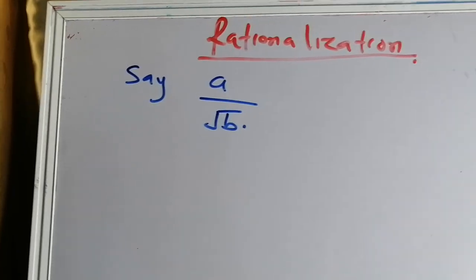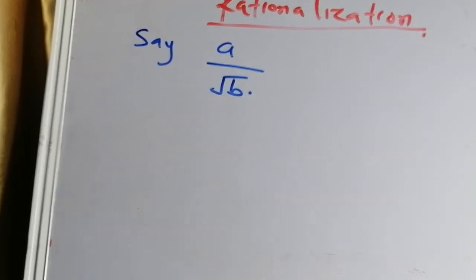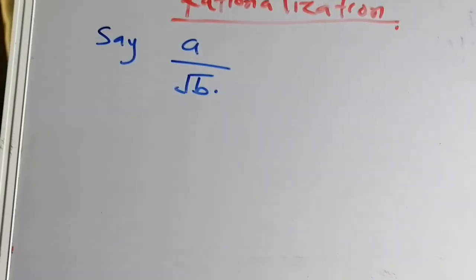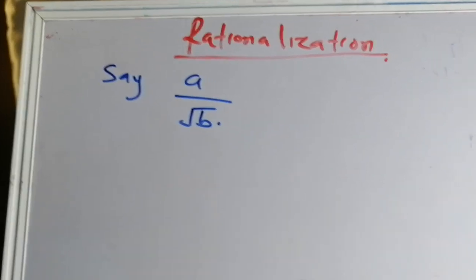So most of the time, what we do is take that surd away from the denominator. Then how do we do that?